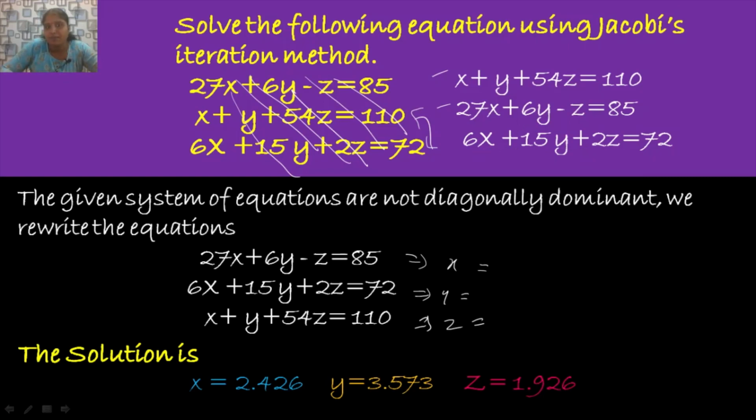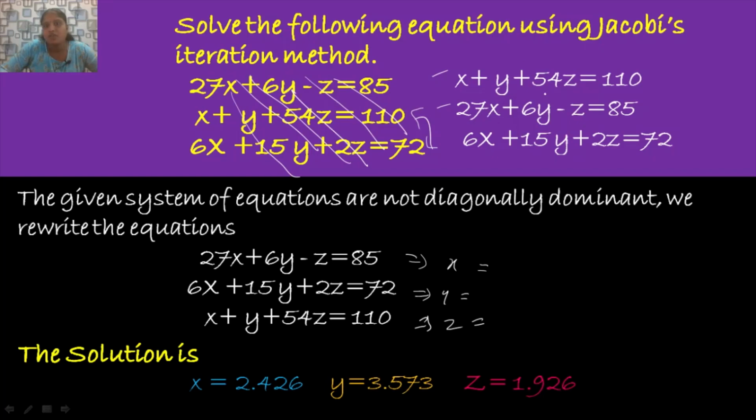Suppose the problem is given like this, how are we going to rearrange? None of the equations satisfies the diagonally dominant property, so you have to rearrange the given system of equations.